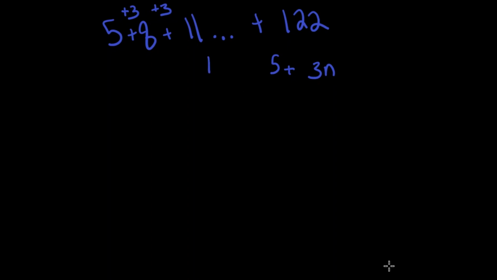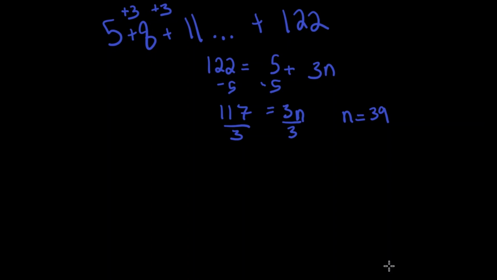We set this equation equal to 122, and then we subtract 5 from both sides. We're left with 117 is equal to 3n. To isolate n, we divide by 3, and we're left with n is equal to 39. So now we understand that to get to 122, we have to add 3 to 5 a total of 39 times.